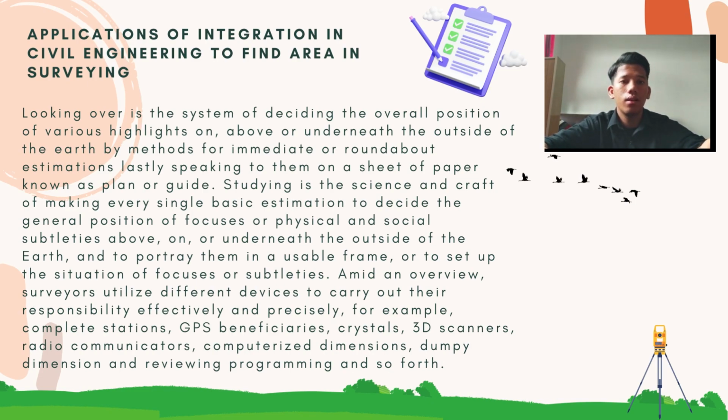Surveying is the system of deciding the relative position of various highlight points above or underneath the surface of the earth by means of direct or indirect measurement, and representing them on a sheet of paper, like a plan or map. Surveying is the science and art of making all the essential measurements to determine the relative position of points of physical and social features above, on or beneath the surface of the earth, and to present them in a usable form, or to establish the position of points.